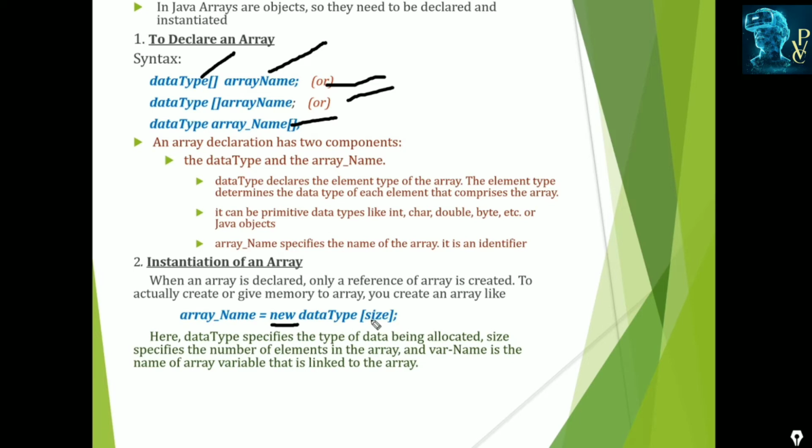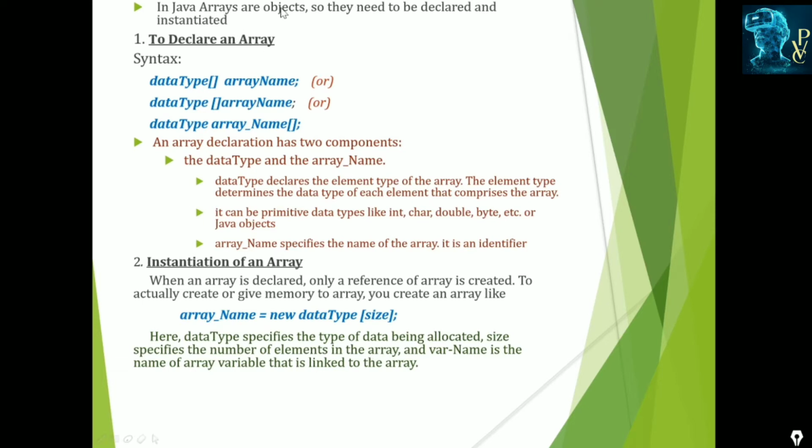And here you can specify the size. You either specify the size when you are instantiating, or directly assign the elements, and then however many elements you assign becomes its size. Here data type specifies the type of data being allocated to the array, and size specifies the number of elements the array will hold.